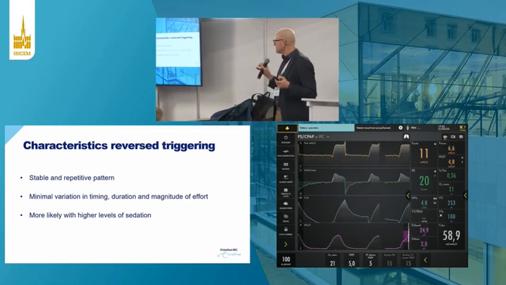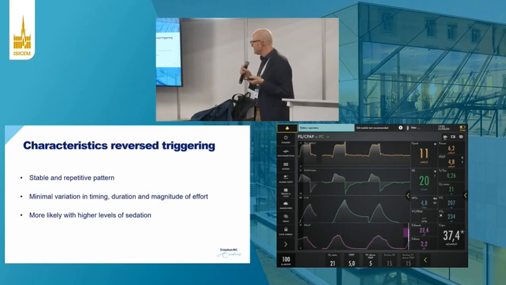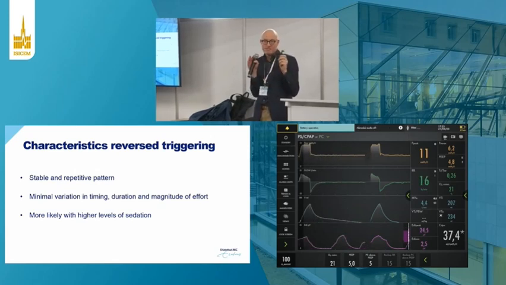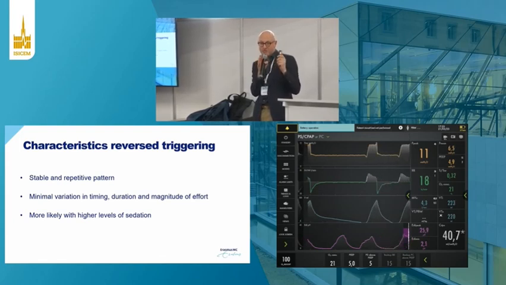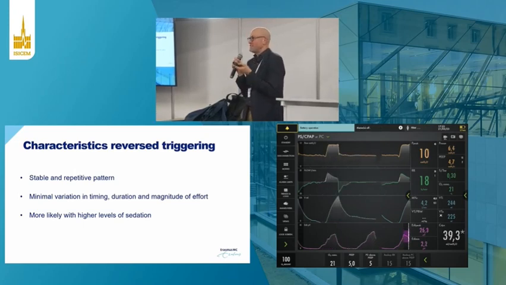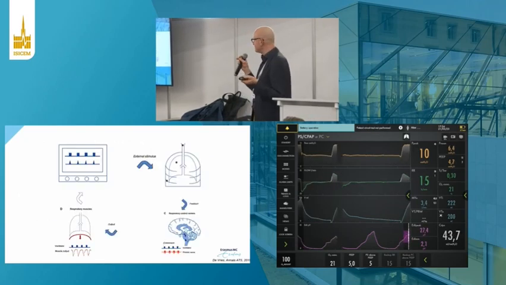So again, the characteristics of reverse triggering: it's a stable and repetitive pattern. There's really minimal variation in pattern. If you look at it, it's within a few milliseconds, always the same between ventilator triggering and patient triggering. And it's more likely with higher levels of sedation. So you do not have, of course, reverse triggering in patients on pressure support ventilation.